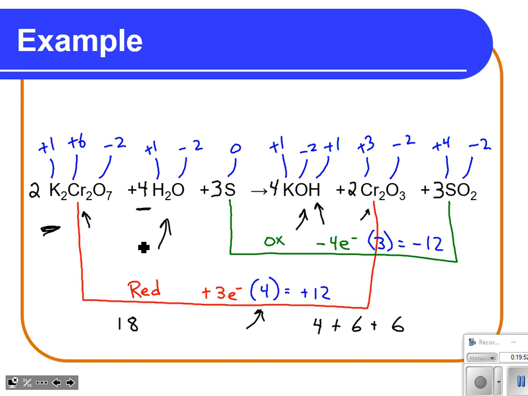So 6 and 6 is 12. 13, 14, 15, 16. Okay? Wait a second here. What is not making sense? 14, 15, 16, 17, 18. Okay? 3 and 2 is 6 is 12. 16. I am off.